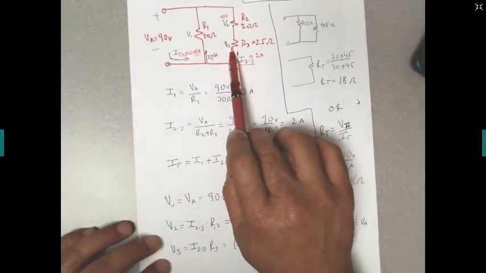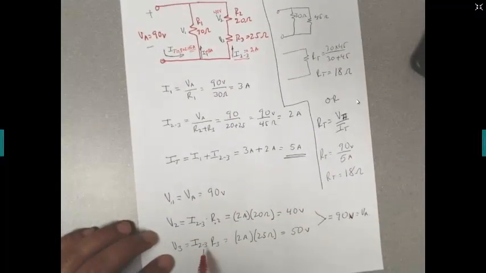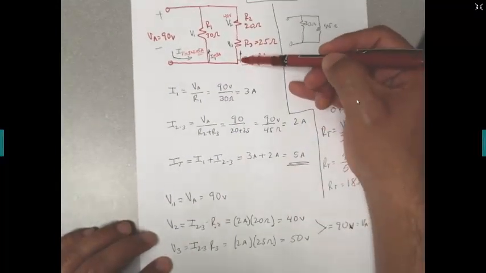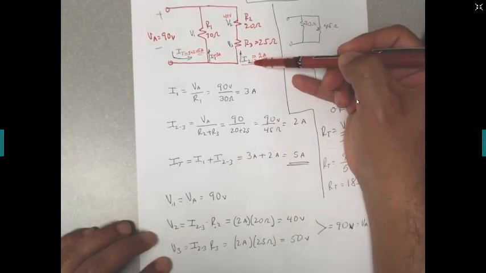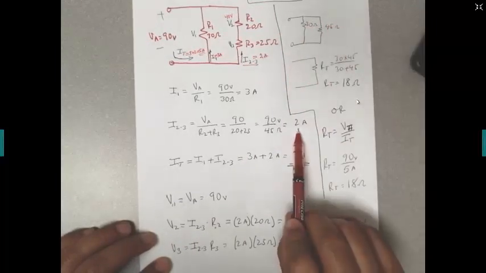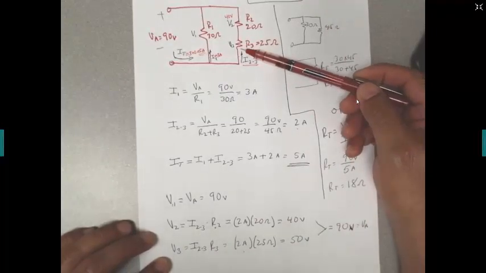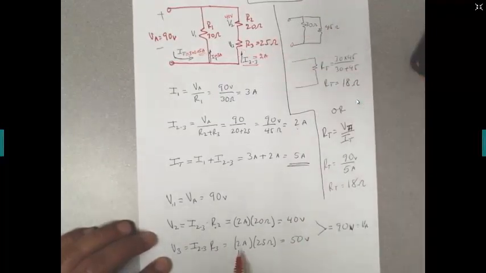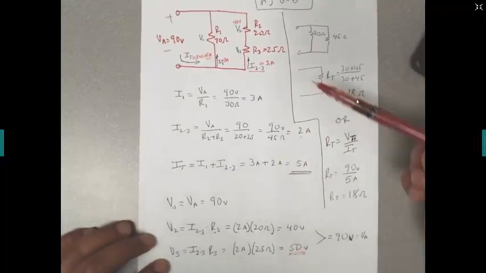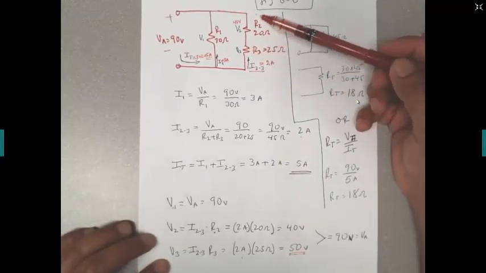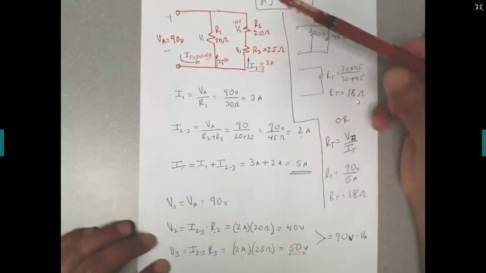The voltage on resistor 3 will be the current, which is the same current, again, this branch has one current of I23, which is 2 amps, times the resistor 3, which is 25 ohms. So 2 times 25 equals 50 volts. So you got 50 volts across this resistor and 40 volts across this resistor.